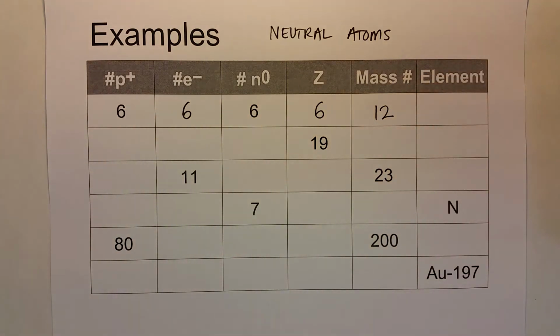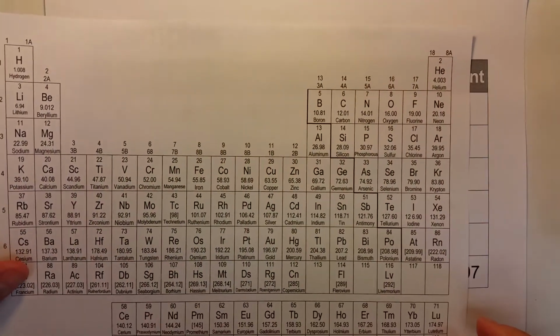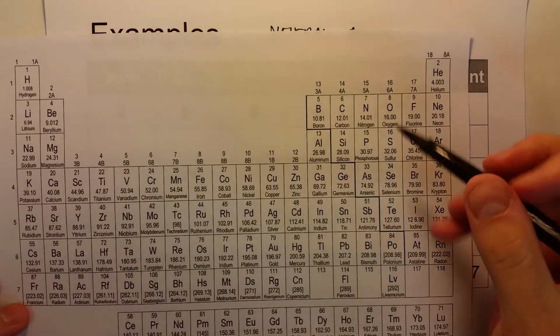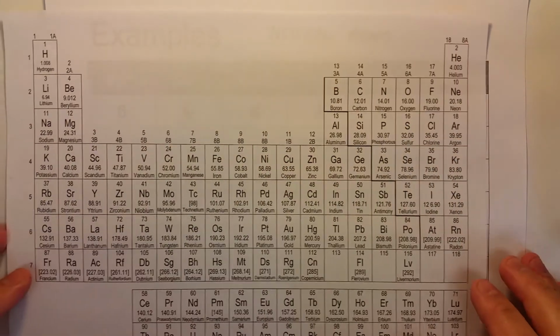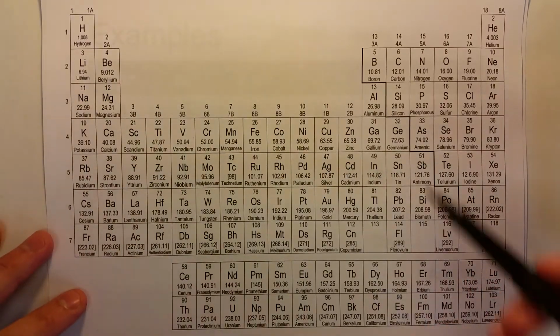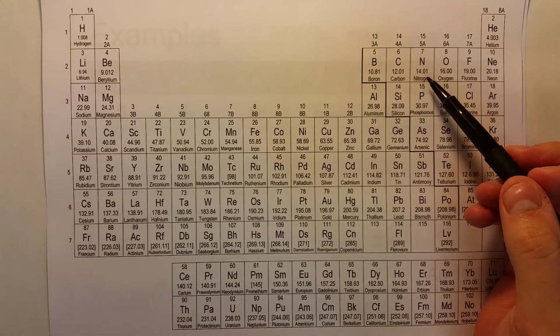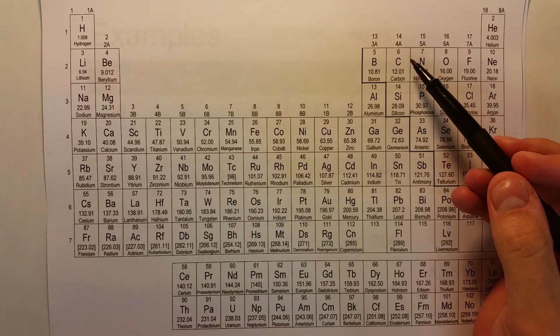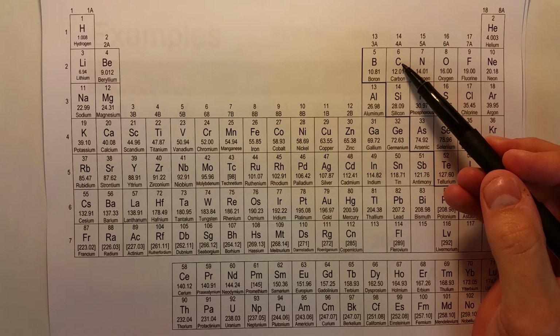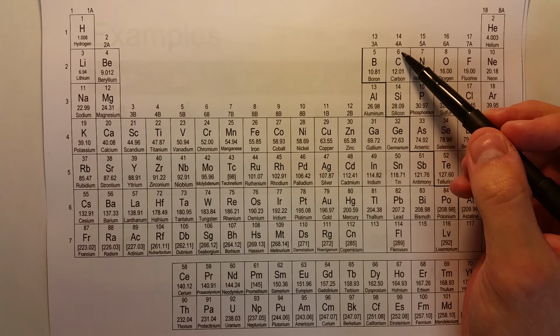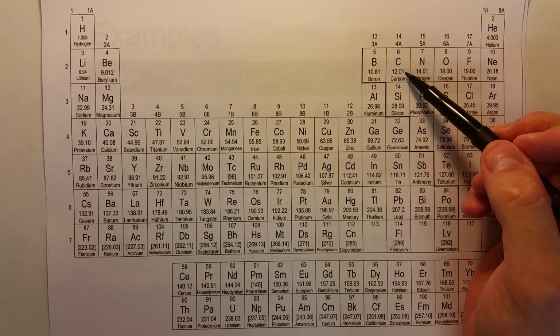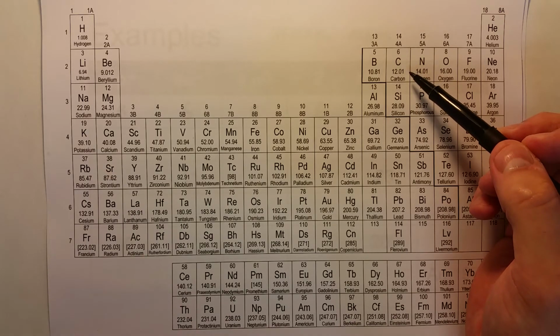Now, for what element this is, we're going to have to break out our periodic table of the elements. On the periodic table, we'll find a couple things. Of course, we'll find the element's name, usually. I guess all periodic tables have a little bit different information, but I like to use ones that have the name, the element's symbol, the 1 or 2 letter abbreviation, and then it will also contain the atomic number and the atomic mass, which again was the average mass of all the isotopes, taking into account their isotopic abundance.